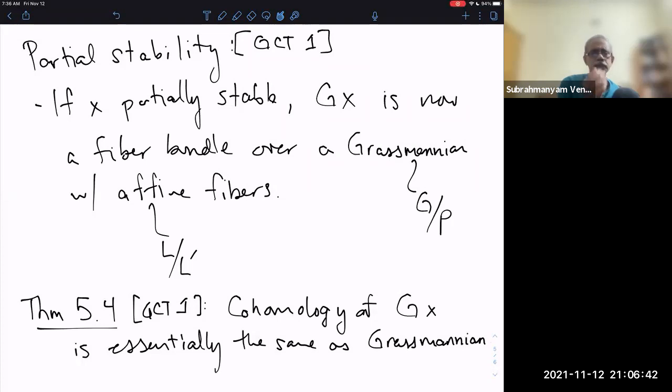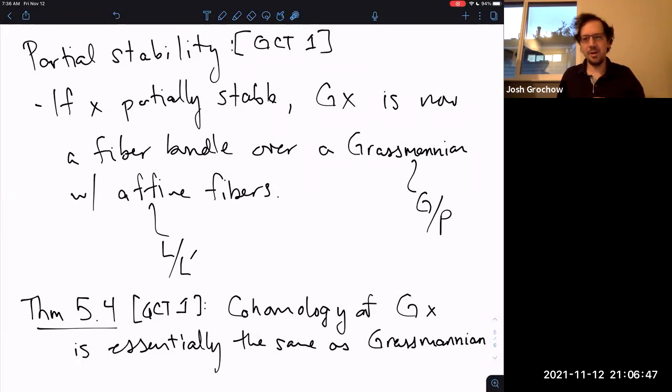Okay, so part of the reason I wanted to highlight this is that I think this is an area ripe for further study, first of all partial stability itself as a notion, but in particular these higher cohomology groups. What they propose in GCT1 is that in the setting of partially stable points, which is what we have, you use not only the coordinate ring to get obstructions, but somehow also the higher cohomology groups.